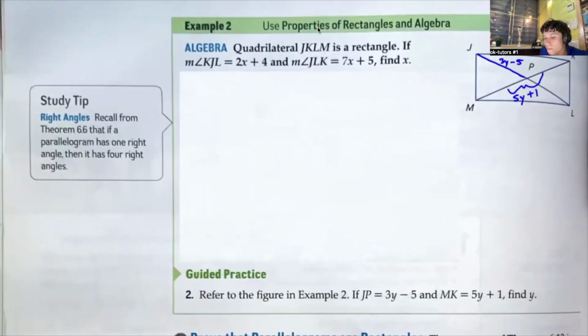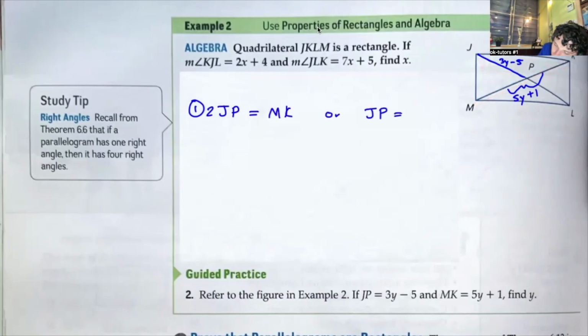In one example they're giving me half of the value, and in this one they're giving me the total value, so I can do either of 2 things. Number 1, I can multiply this by 2, because MK is double JP: 2 times JP is the same thing as MK. Or JP is the same as 1/2 MK. You can do it either way.